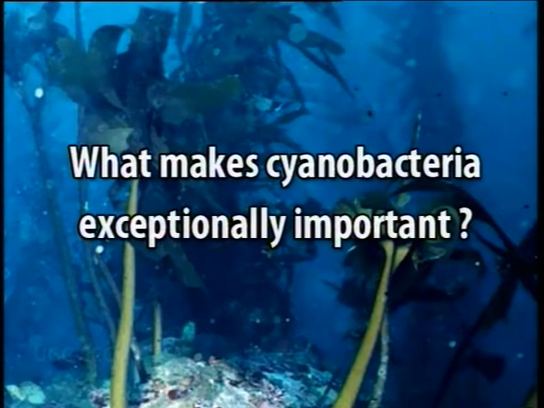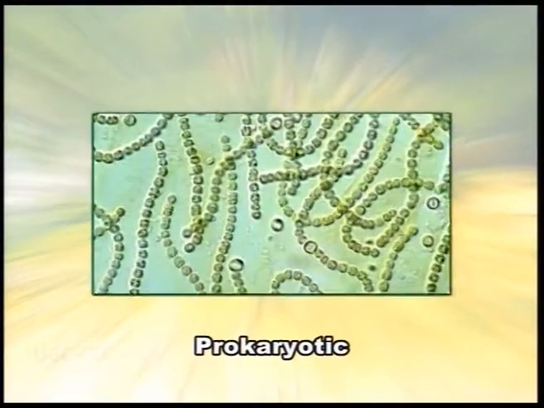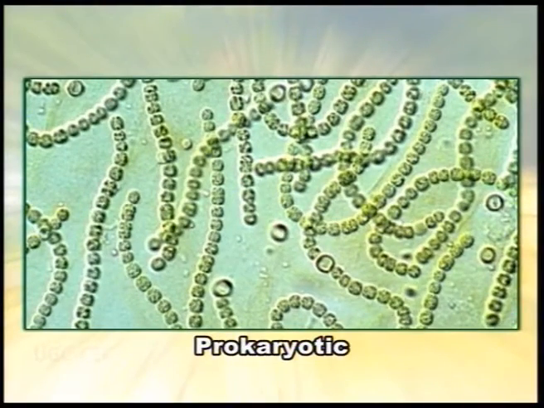Now a basic and important question is, what makes these cyanobacteria exceptionally important? Let me tell you here that cyanobacteria do have a great evolutionary importance. In fact, they are prokaryotic organisms which are known to be the earliest forms of life.